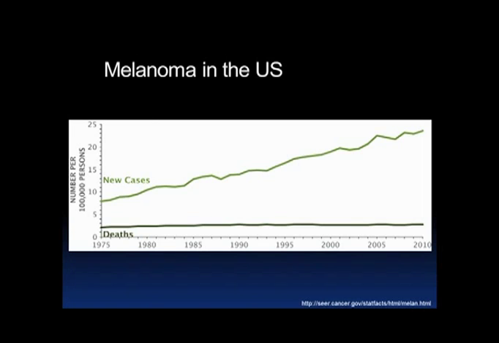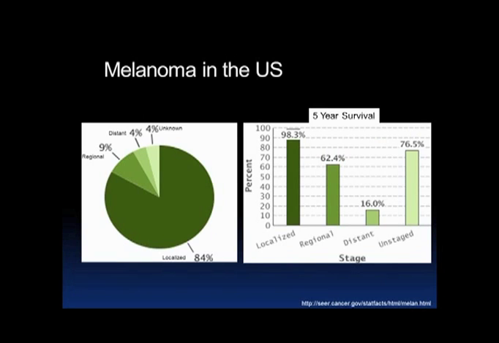Interestingly, and this is a worldwide phenomenon, the incidence of melanoma has increased quite a bit over the past decades, and it's not quite clear whether that is just because of different habits, or an increased rate of detection because things get biopsied more, or called more. However, if you notice here, the deaths have not significantly changed over the past 30 years.